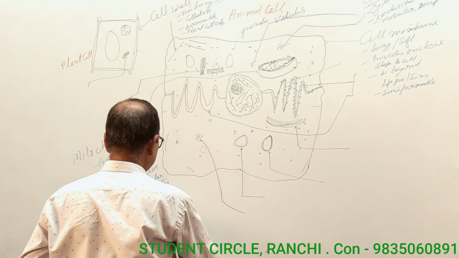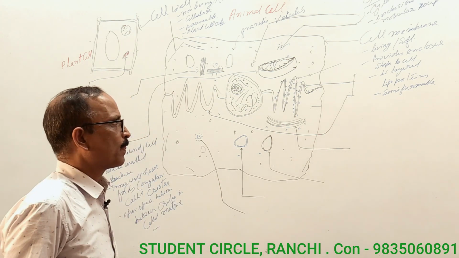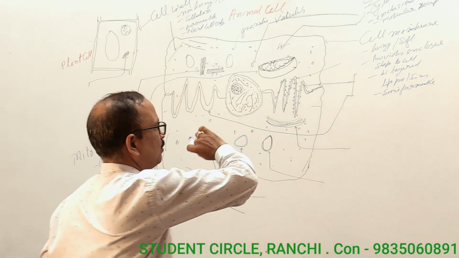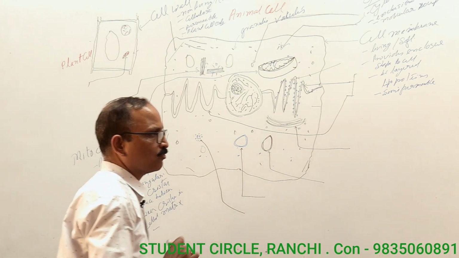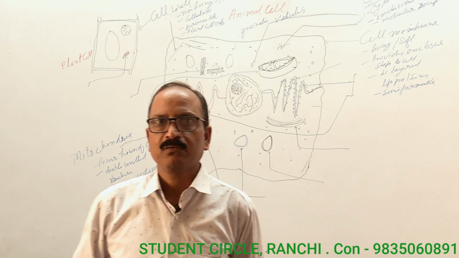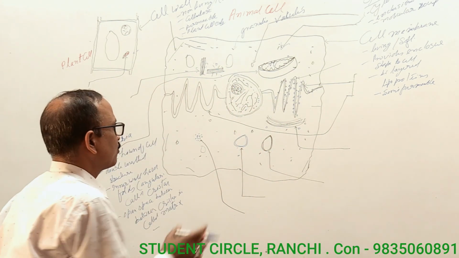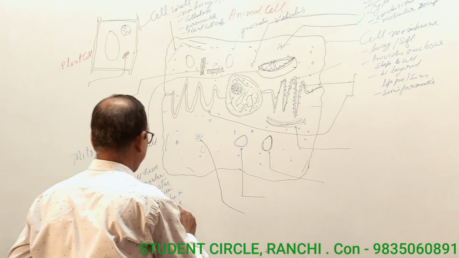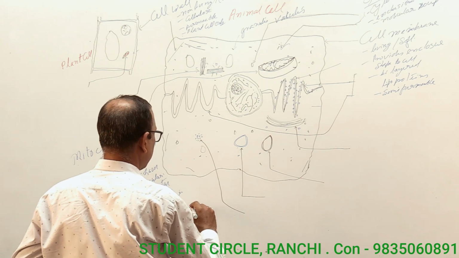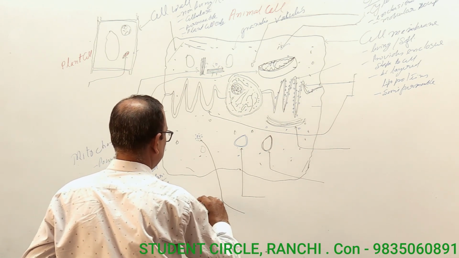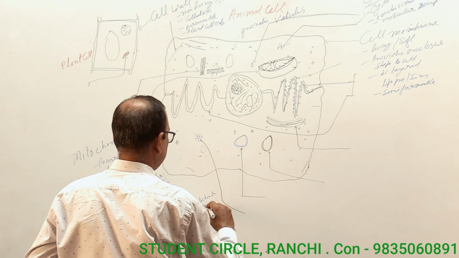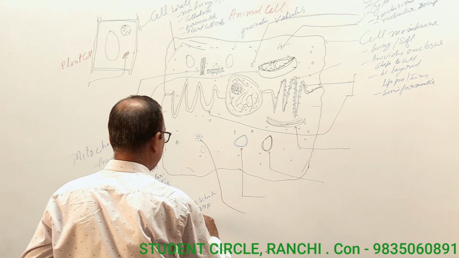Mitochondria has its own DNA. This is very specific. Normally, DNA lies inside the nucleus, but mitochondria has its own DNA and RNA. That's why sometimes we say that mitochondria is a cell within the cell. Own DNA called mitochondrial DNA, and also RNA, mitochondrial RNA.